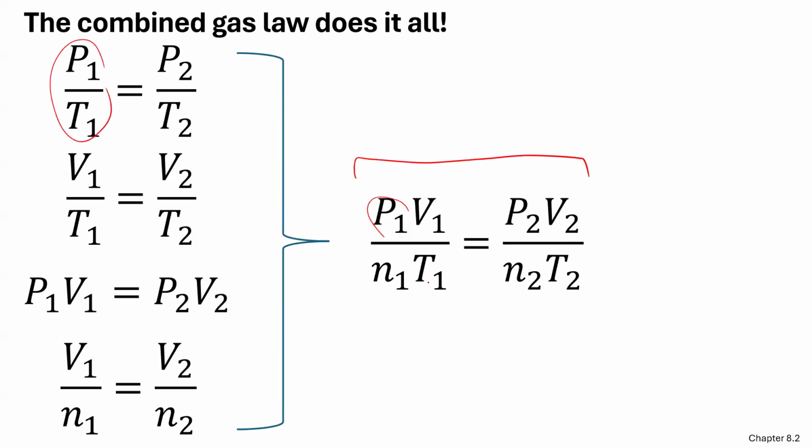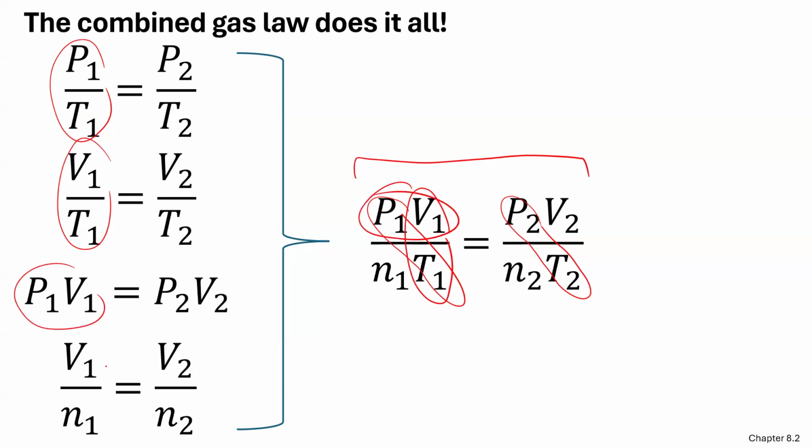P1T1 is here, P2T2. I'm just going to circle one from now on, but V1T1 is here. We got P1V1 here, and we got V1N1 here. Everything, right?